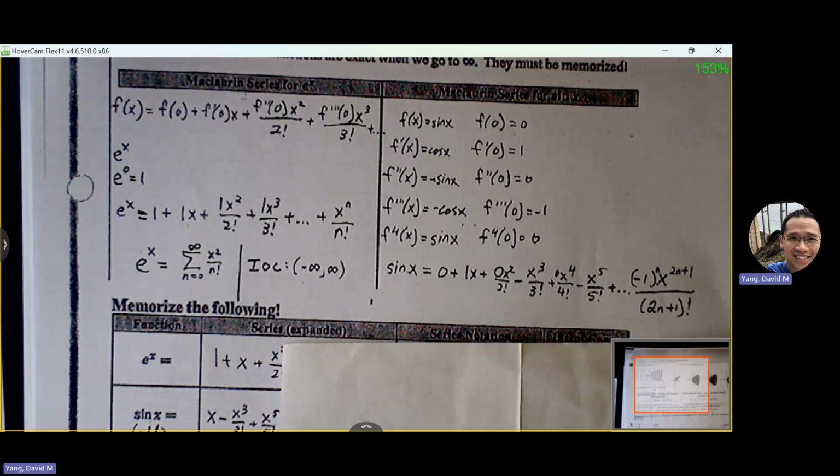And then it's f of 0 plus f prime of 0 times x, plus f double prime of 0 over 2 factorial x squared, plus the third derivative value at 0 over 3 factorial times x cubed.